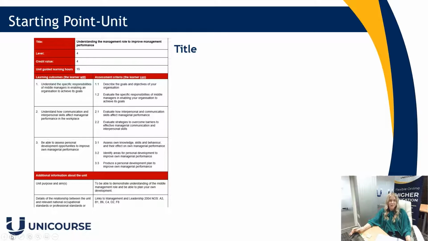So when you're looking at the unit specification, it's broken into sections. You have the title, then you have the level of the unit, the credit value, which you'll have discussed on an initial assessment with myself, when choosing your units and your individual learning plan. And then you'll have the guided learning hours.